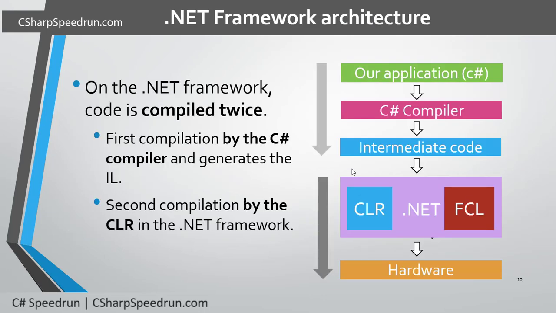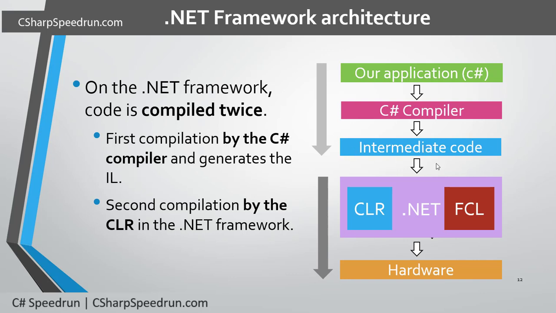Now let's take a look at how the .NET framework handles our code. In the .NET framework, the code is compiled twice. During the first compilation, the source code is compiled by the language compiler. In this case, we'll be using the C# compiler, and this generates an intermediate code. This code is also known as the MSIL or Microsoft Intermediate Language, and sometimes called the managed code.